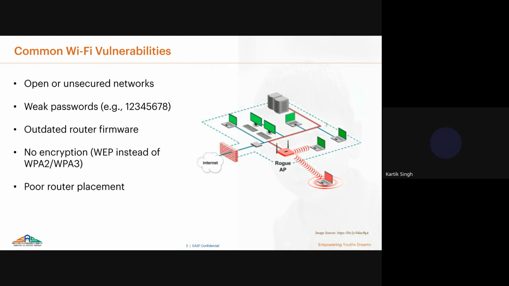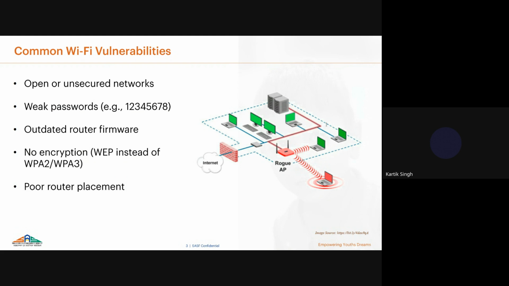So, if the router is placed near a window, a door, or a rooftop, the Wi-Fi range exceeds the walls of your home or your office, and it is unsecure.